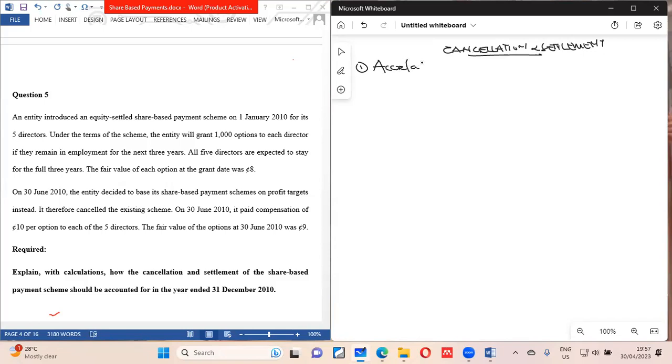So you assume that the amount that would have been vested up to the vesting date, you will do that immediately. So what that means is that you quickly move to, if they will all stay, so this one, they said all of them will stay. All right, so it means that all the 5, so we will have 5 directors. Accelerating, we have 5 directors multiplied by 1,000 options.